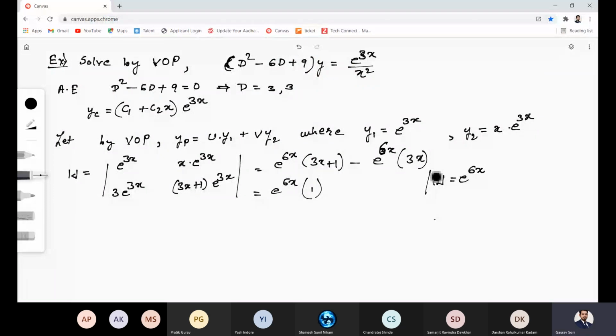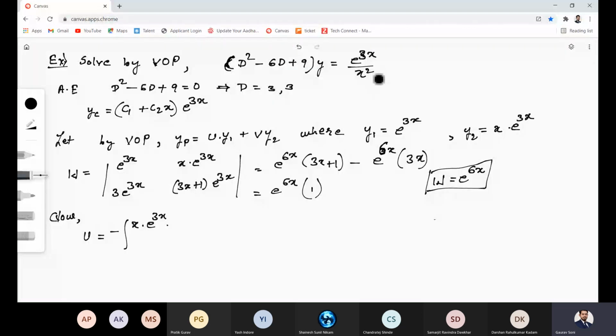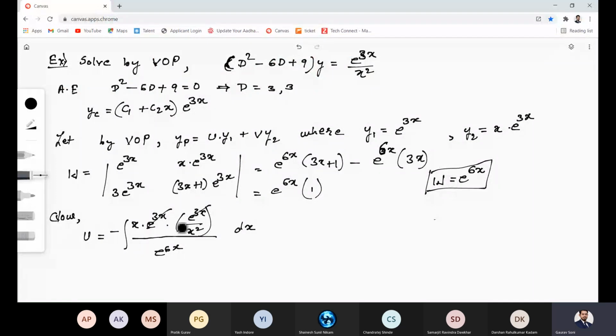Now find out u. U is equal to minus integration of y2, what is y2? X e to the power 3x into f of x. What is f of x? F of x is the right hand side, e to the power 3x upon x square, and total divided by the Wronskian e to the power 6x, dx. So after multiplication this will become e to the power 6x, so this gets cancelled out, x will get cancelled out.